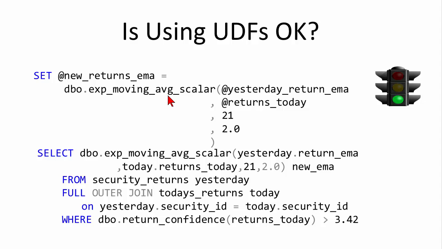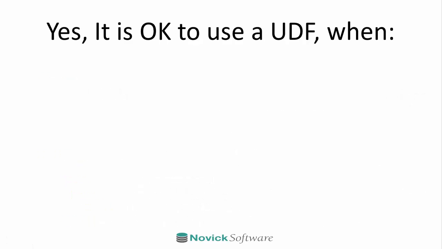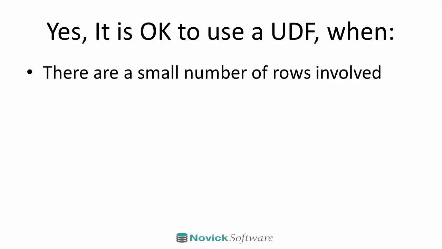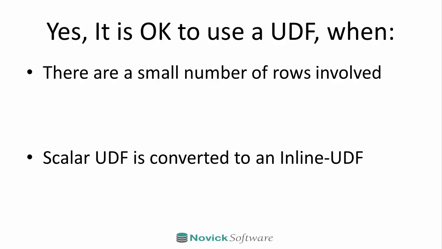Now, what about a more complex query where you're using it on every row of a select? Well, maybe this is okay if the number is small. If there's a small number of rows involved, it is okay. Or if the scalar UDF is converted to an inline UDF, you don't have the overhead of this scalar, and you can get a parallel plan, and it works great.